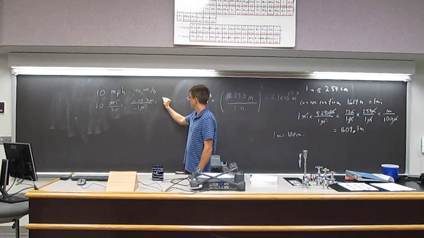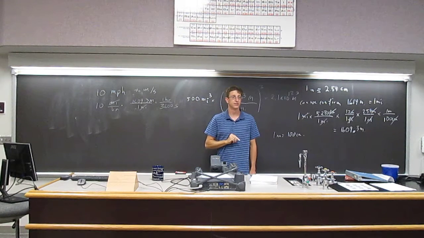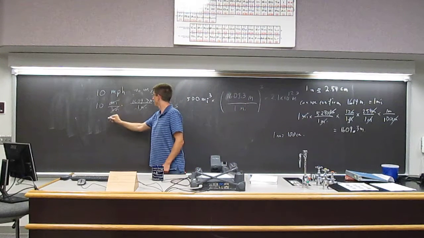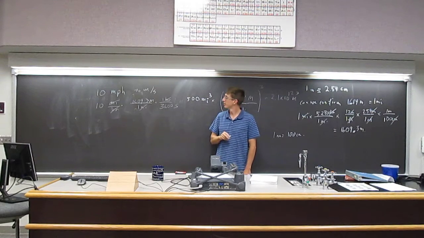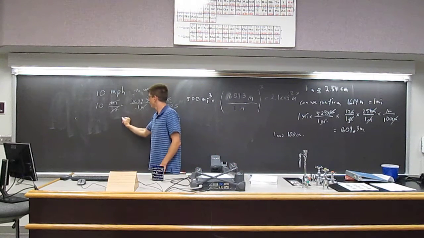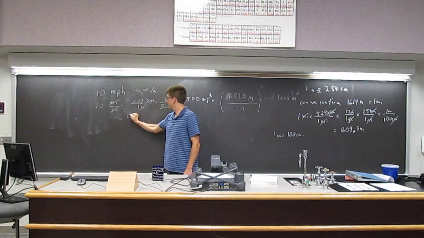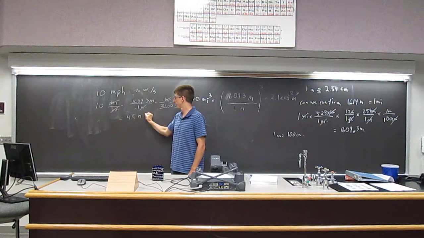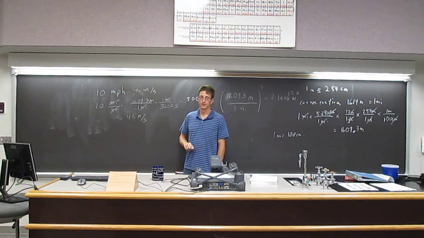So I could do 1 hour is the same thing as 3,600 seconds, and then I can cancel these hours, and the only units I'm left with are meters over second. So if I do that, what do you get? 4.5 meters per second after rounding. And what was it before rounding? 4.47.